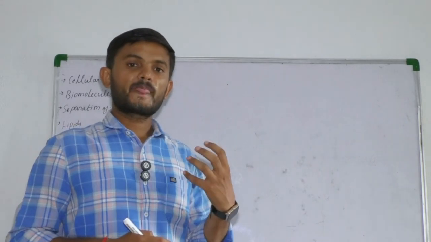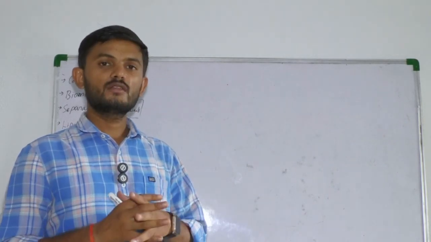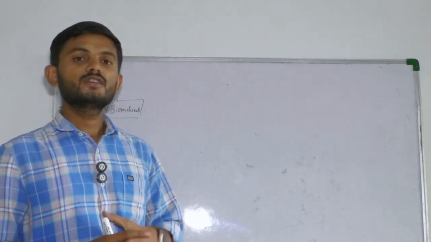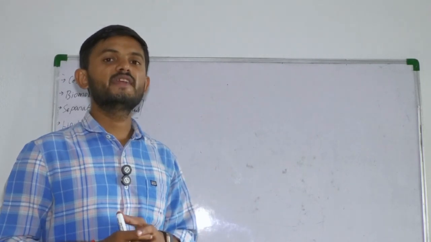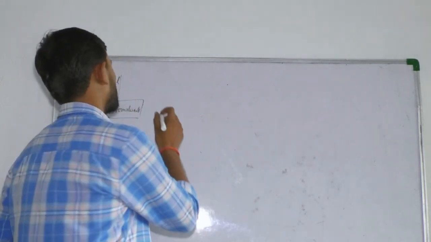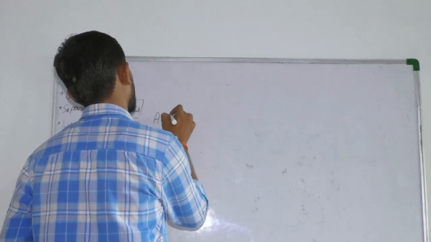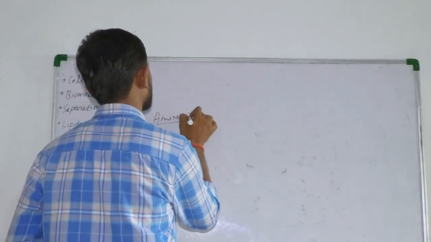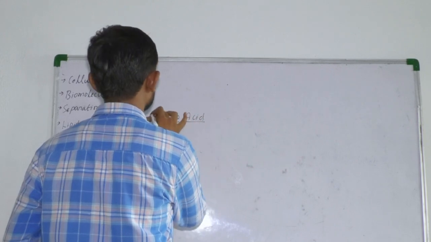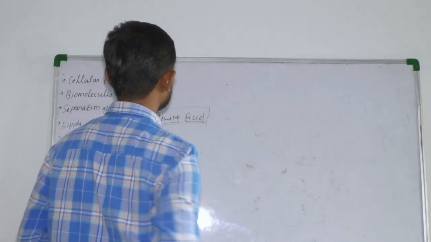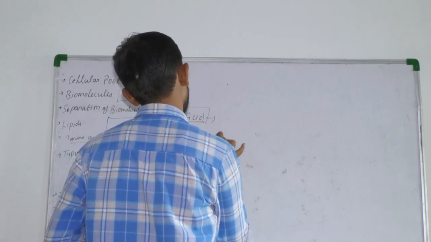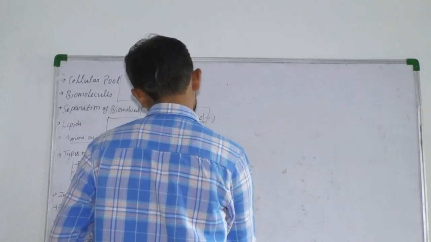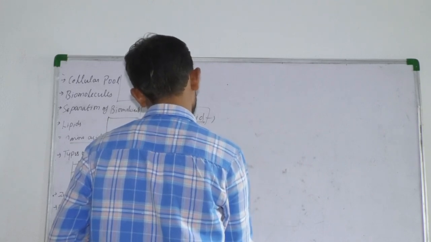Now we should know about a very important biomolecule, the first biomolecule written in the NCERT book, that is amino acid. This term is made up of two words. First one is amino and second one is acid.